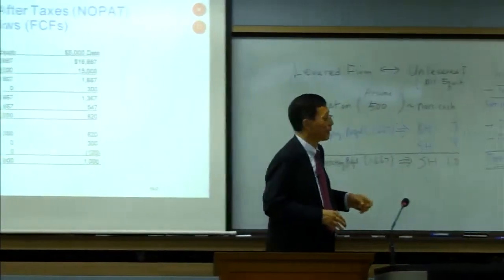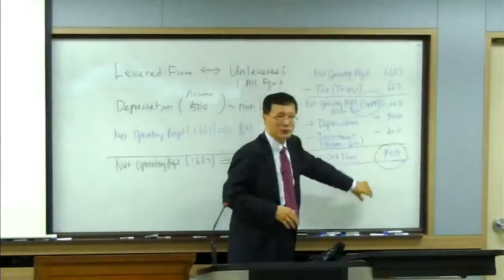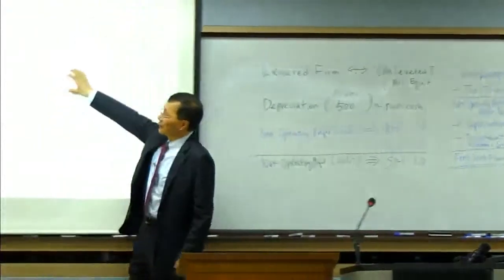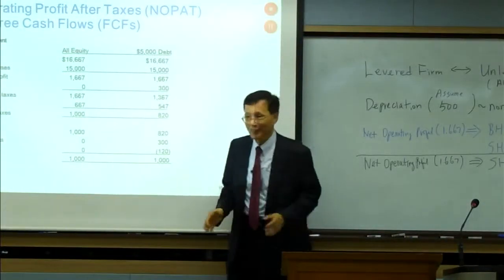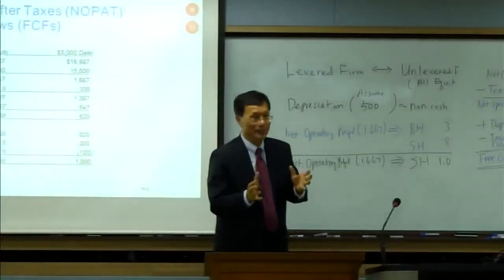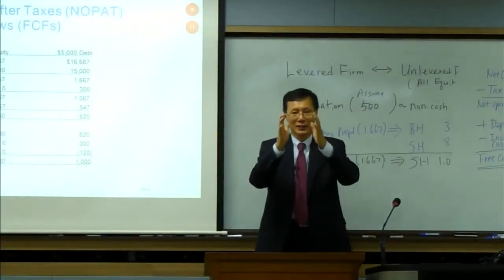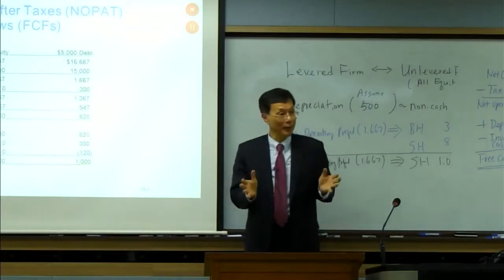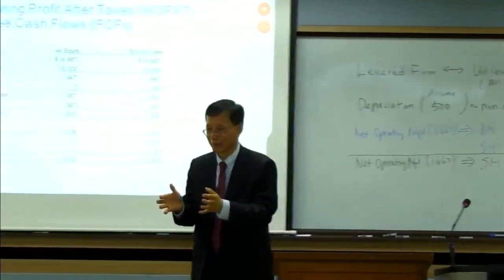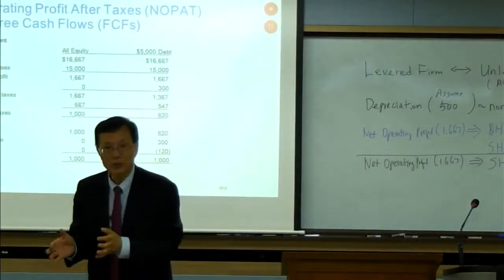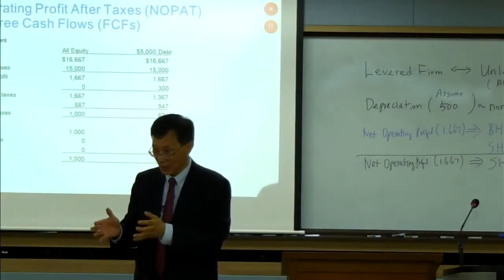But this one comes from the company that is with debt. In practice, you look at the income statement of a levered firm, your company. What's your company? 대웅제약. 대웅제약 is levered.